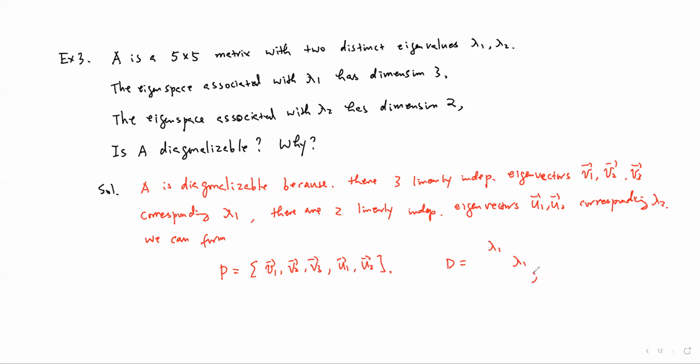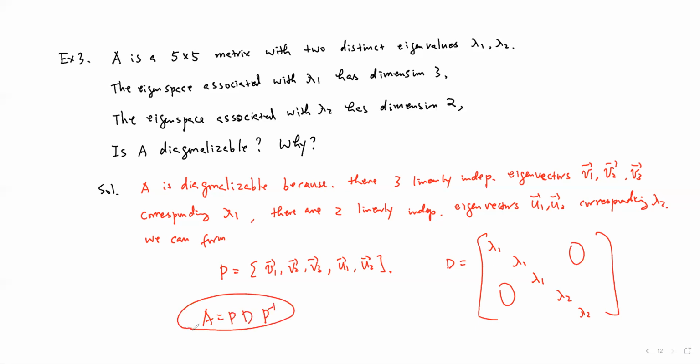V3, lambda 1. Now U is an eigenvector corresponding to lambda 2, so put lambda 2. Then any other entries are 0. So this P and this D make this equation true.